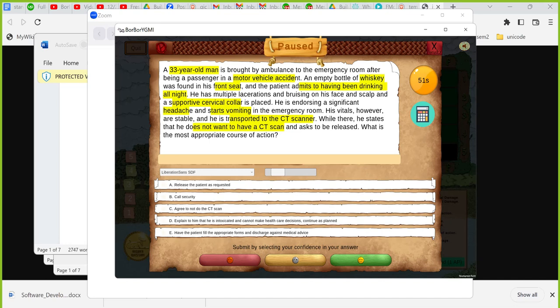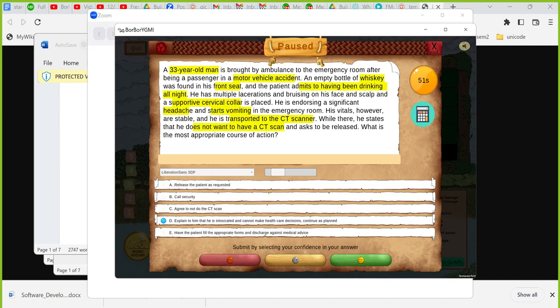So you need competence. You also need to have the procedure explained, and understand what the risks and the benefits are. So there's criteria there that they're getting at. So this is a medical ethics question. Yeah. So I would still explain to the patient that he's not in a state of making any decisions. I would go for D. D. Yeah. All right, and he's not someone you can send home.